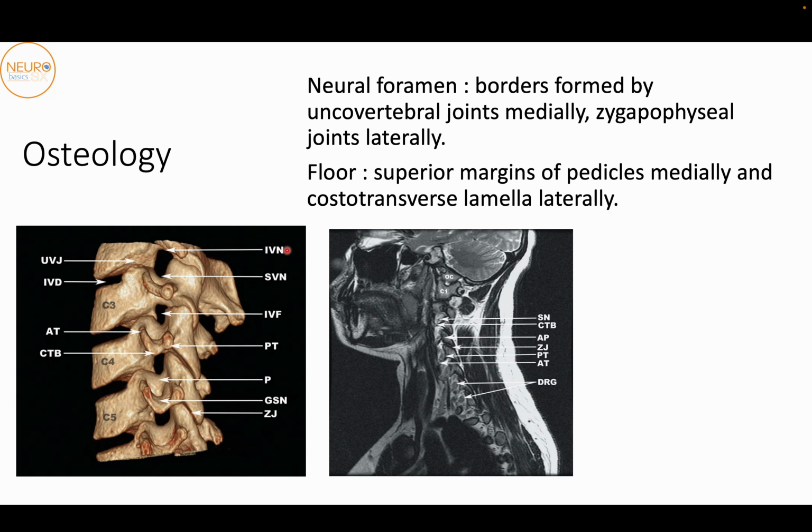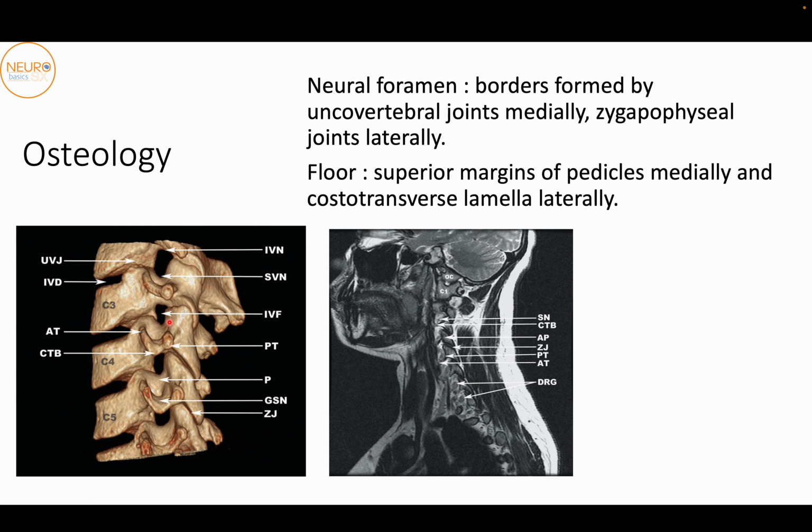Apart from that, on imaging, we'll be able to see the neural foramen, and this is a very important structure to identify on imaging, because this is where we look when we are identifying nerve root compression. The neural foramen is formed anteriorly by the uncovertebral joints, posteriorly by the facet or zygapophyseal joints, and superiorly by this notched aspect of the pedicle, known as the superior vertebral notch.